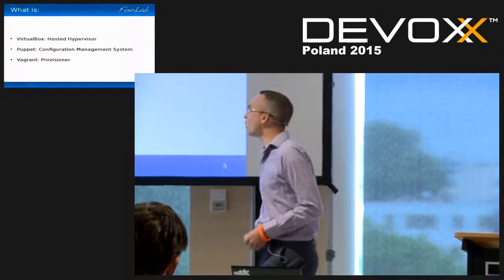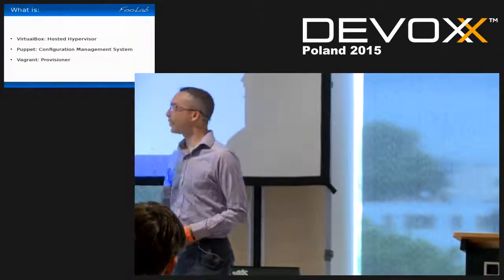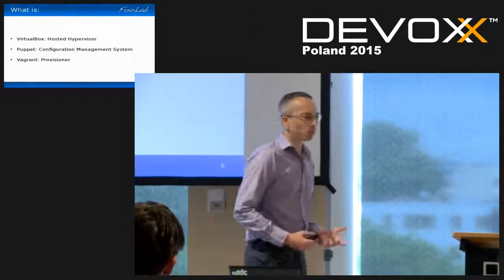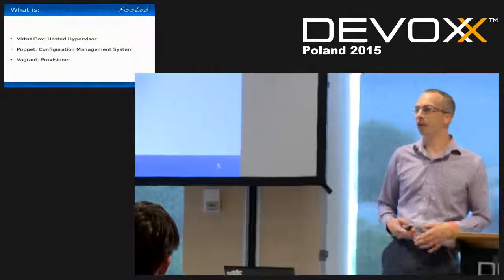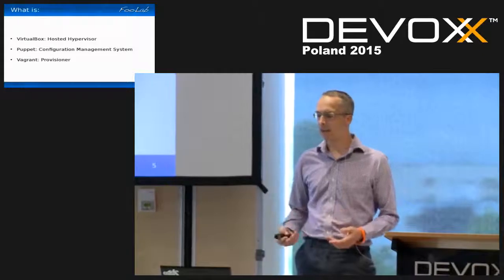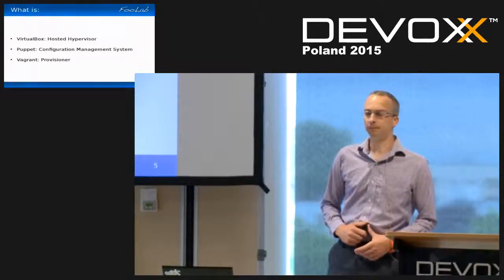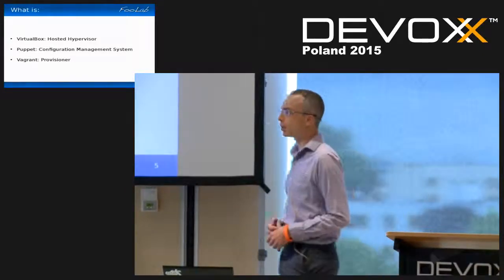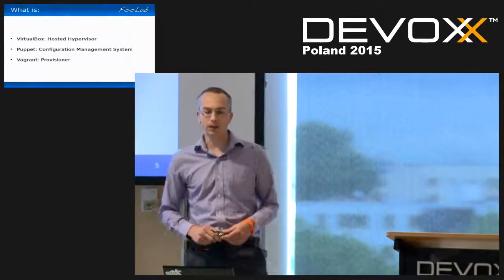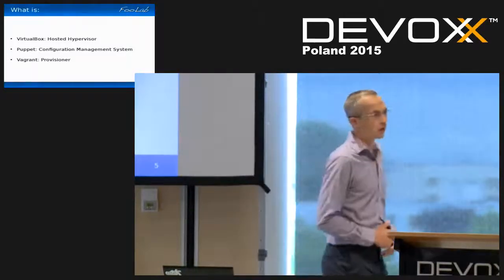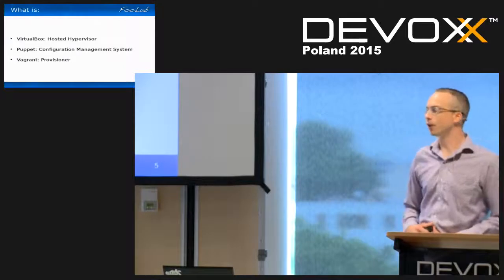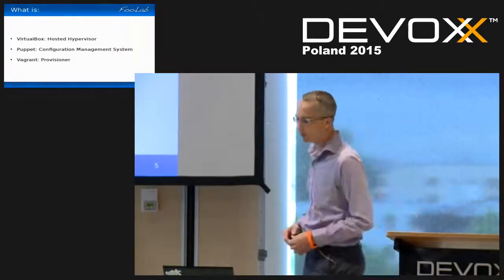So what is VirtualBox? VirtualBox is a hosted hypervisor. What it means is that you need an operating system to have it running. Other systems don't require an operating system because it's included in the software, such as all the vCloud tools from VMware, for example.